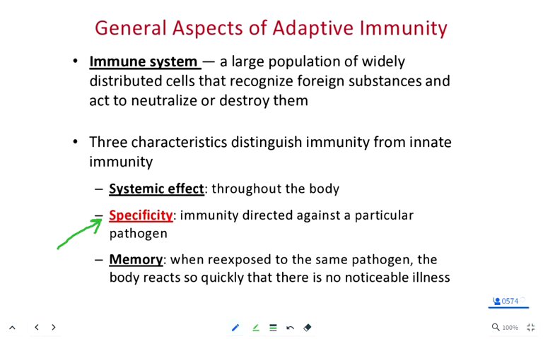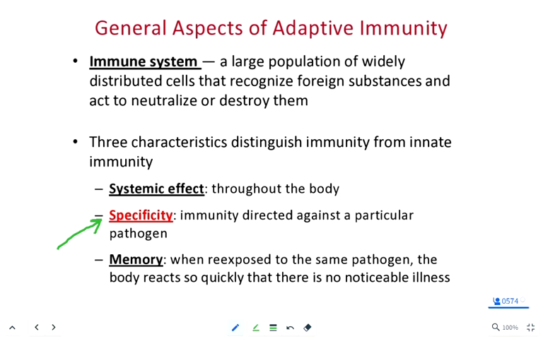This is also a reason why a lot of us won't develop a second infection after we've had an infection. And actually, you're of the age that you probably had the chickenpox vaccine. If you were born before the 1990s, there was no chickenpox vaccine.